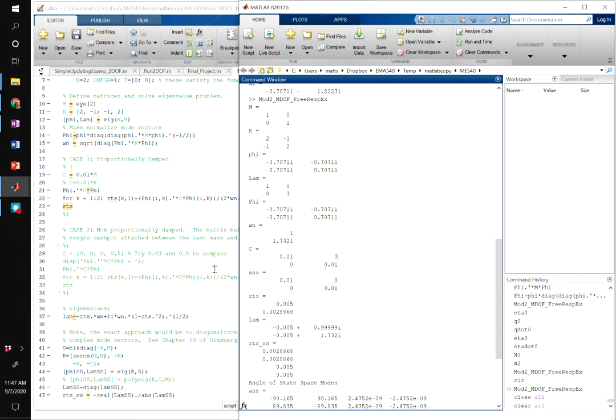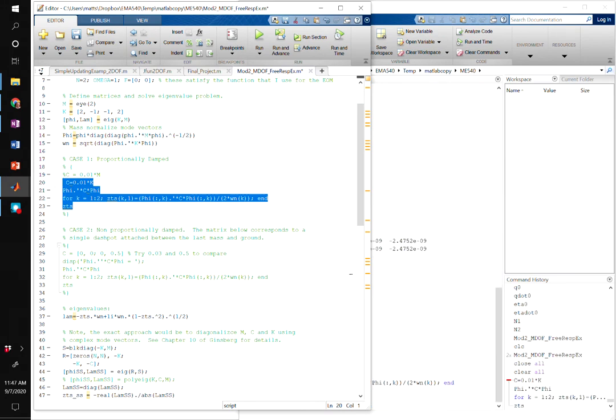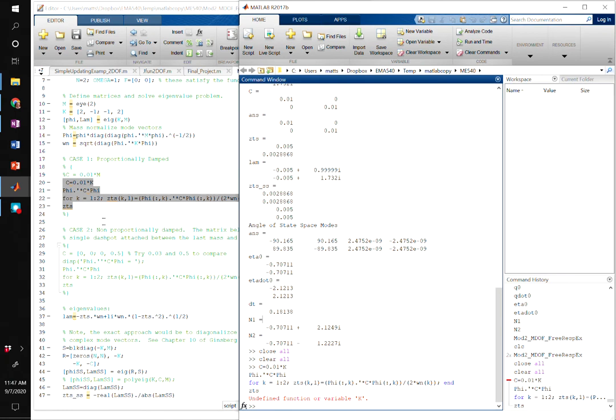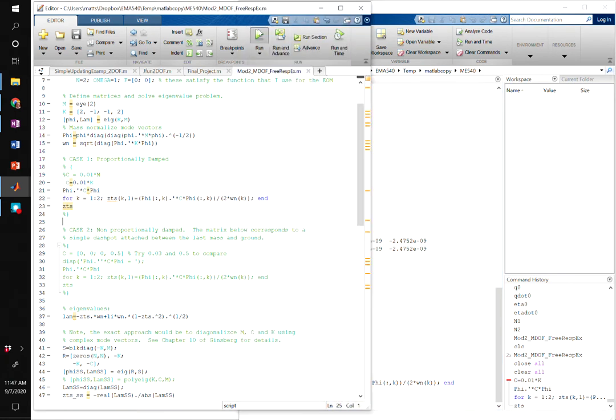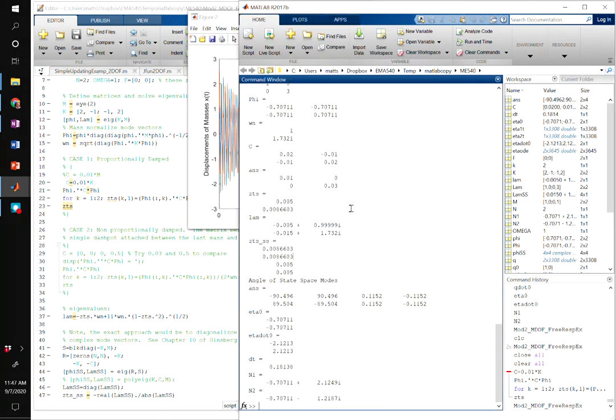Notice we made this mass proportional. The damping is getting smaller as we go to higher frequencies. And you can see that in the equations. If we were to do it the other way around, where we make this stiffness proportional, in this case, C is not diagonal.